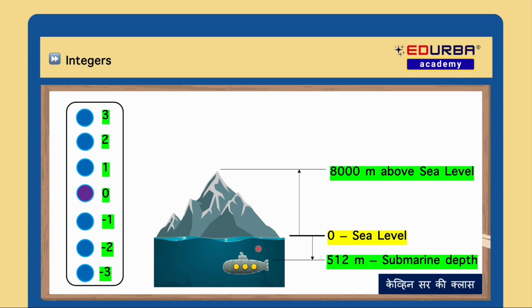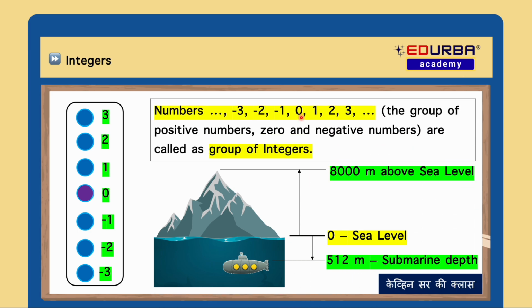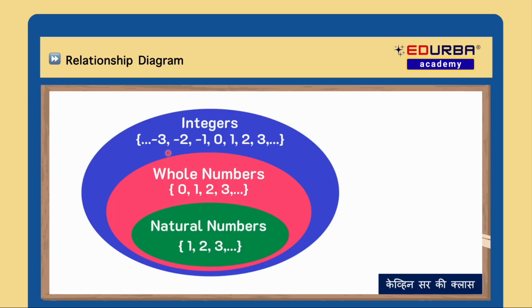We can also say that submarine is located 512 meters below the sea level or 0 level, and we can show that as minus 512 meters. So all these examples show group of 0, positive numbers and negative numbers, and that is called as group of integers.